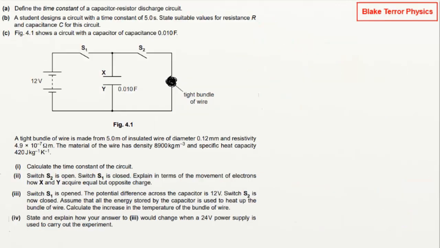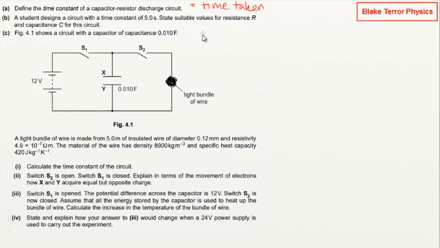Right, so define the time constant of a capacitor resistor discharge circuit. The time constant is equal to the time taken. I was just wondering whether to contextualize, but it's just repeating what they've said in the question.